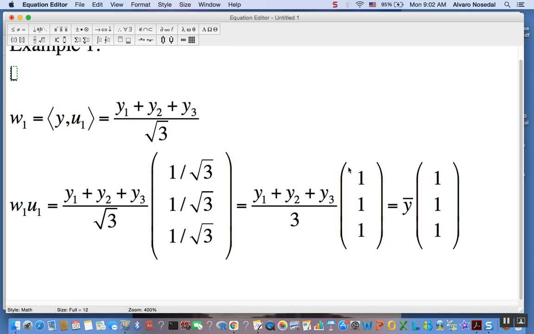But now we also would like to study the statistical properties of that multiplier that we have here, this guy, the W1. So let's find the expected value of W1.